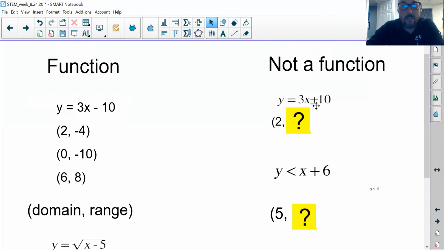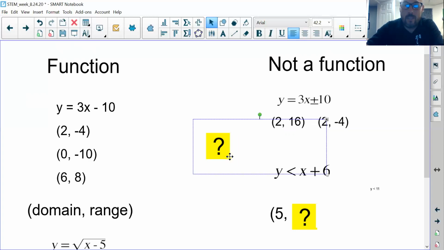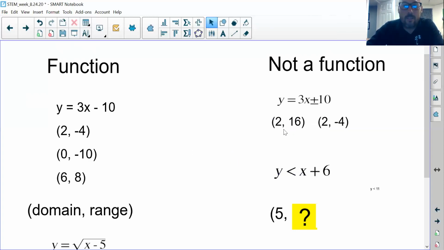So that's 6 plus 10, giving me 16, and 6 minus 10, giving me negative 4. So this is a classic example of something that's not a function. 2, a domain element, is producing 16 and negative 4. It's producing 2 different range elements. So that's not a function.